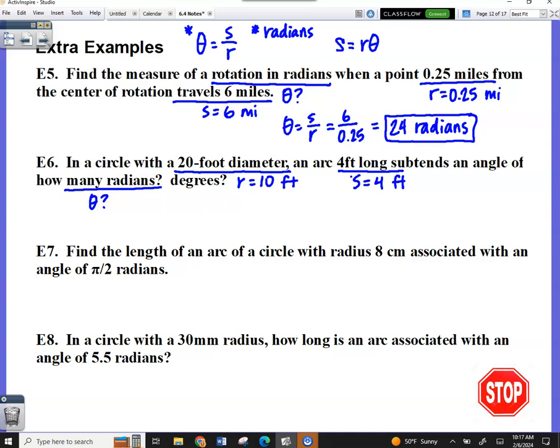All right, so theta is S over R. S is what? 4. R is 10. When you divide that, you get just the decimal 0.4 radians.